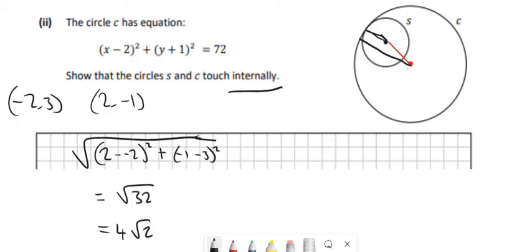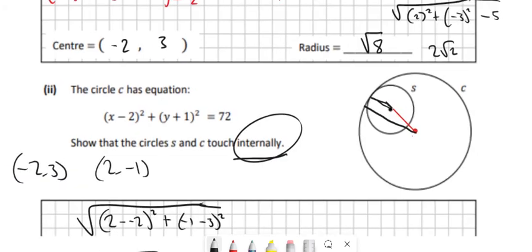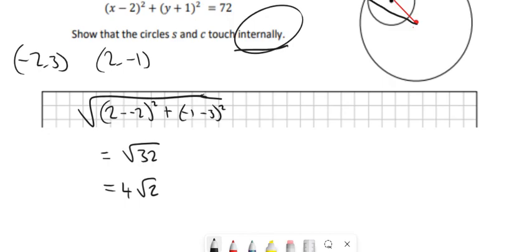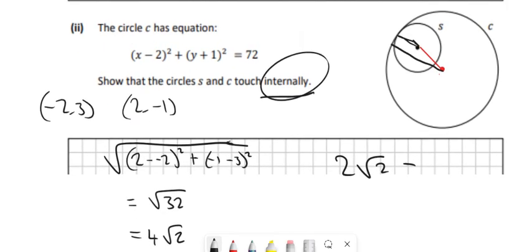So if they touch internally, then that 4 root 2 should be what one radius take away the other radius is. Now the radius of the one up there was 2 root 2. The radius of this circle, because r squared is equal to 72, is just root 72.